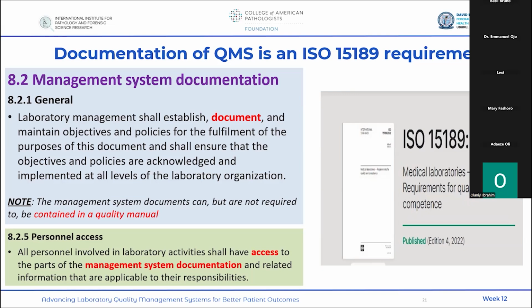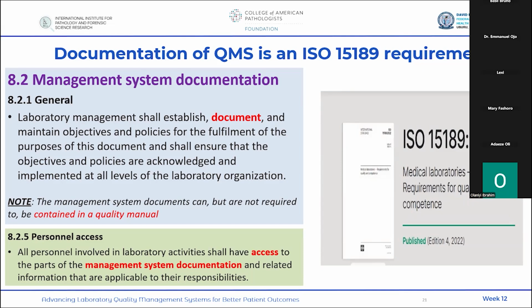So for us as a country, I ask the question, what is the better place to maintain your policies if they are not going to be housed in a quality manual? And we've actually made a recommendation that it is not going to be a non-conformity for you to still keep your quality manual because it helps you to handle those policies and for you to implement QMS better.